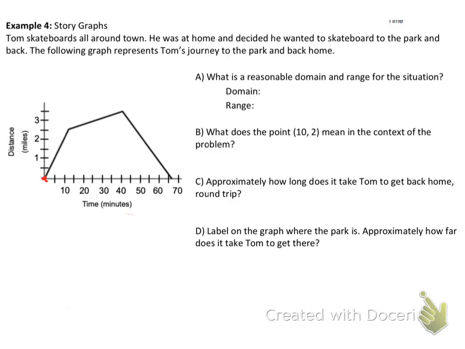So he's going up, and then he's going up at a fast rate, then he slows his pace down. He gets to the park, and then he heads back home. All right, so these 2 points represent his house or his home, and this point represents the park.